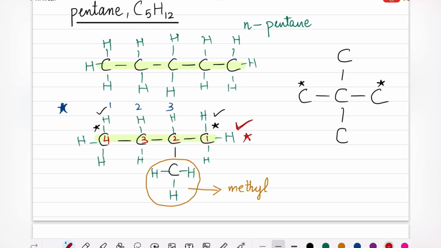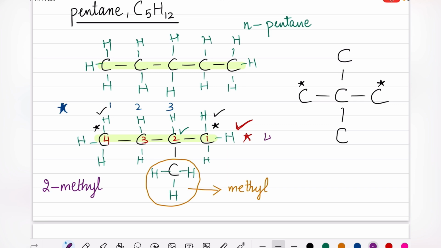Now I will name the compound. First of all I write the position of the branch. Position means writing down the number of the carbon atom to which the branch is attached. So this is 2. Then a dash, and the name of the branch is methyl. Now how many carbon atoms are present in the main chain?